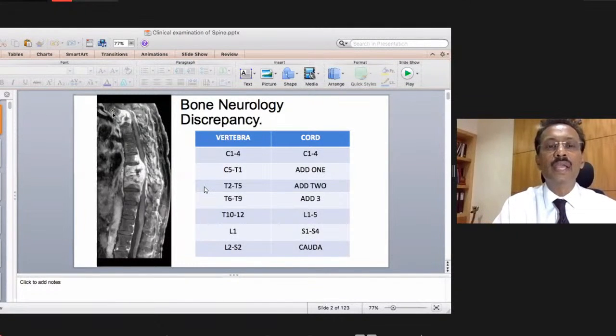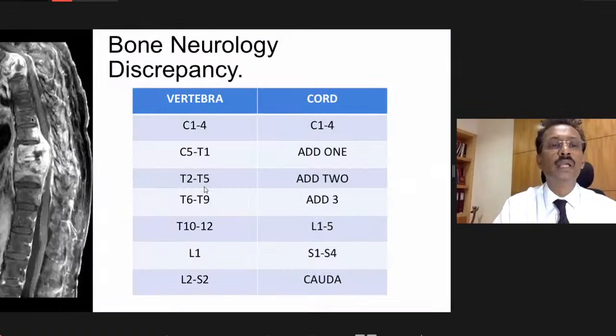You may be missing a skip lesion higher above. Can you see here? There is a skip lesion much higher above over here. So there may be an occult skip lesion at a higher level, or even within the identified level, when you take an MRI, you will find that the epidural abscess and the intraspinal compression and involvement of the spinal cord is at a much higher level than the bony level.